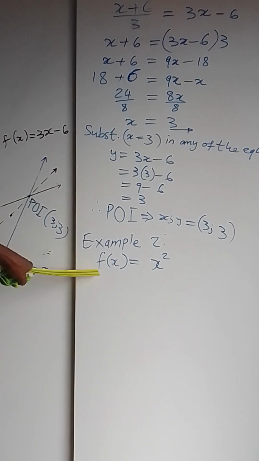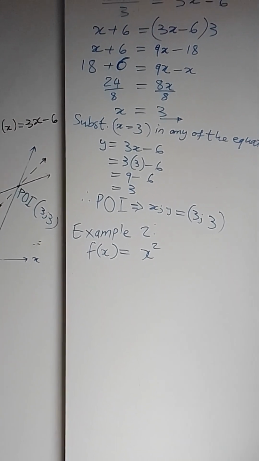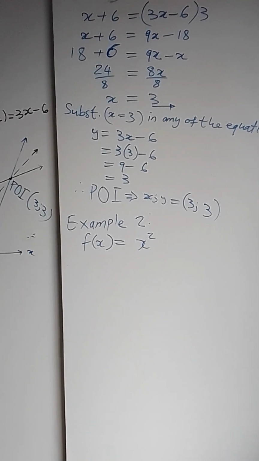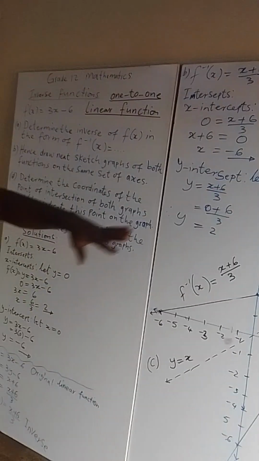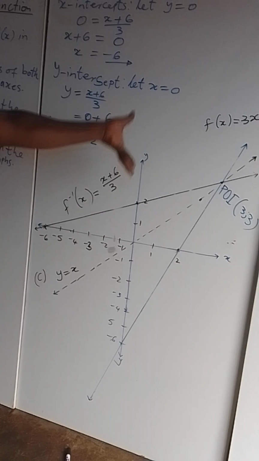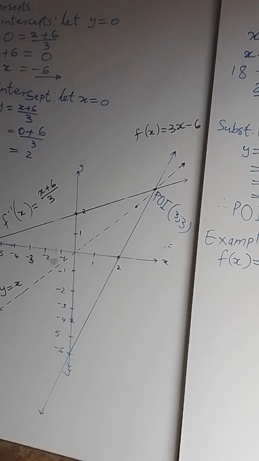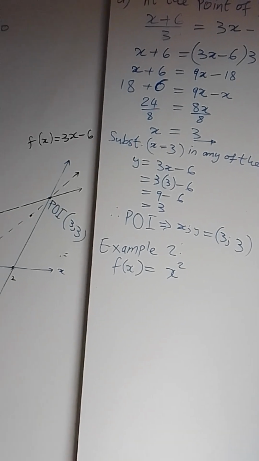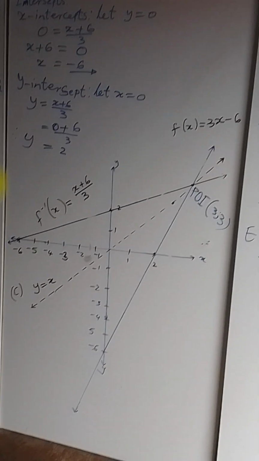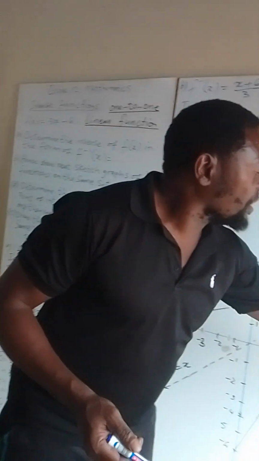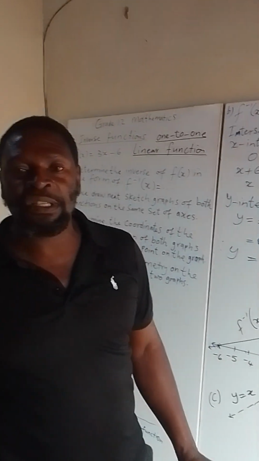So we will start working on this one, and then we see what sort of questions are required for us to do: to find the function, to draw the function, to find its inverse and draw it on the same set of axes, and to find the line of symmetry, then find the point of intersection. That is all about the linear function, grade 12.